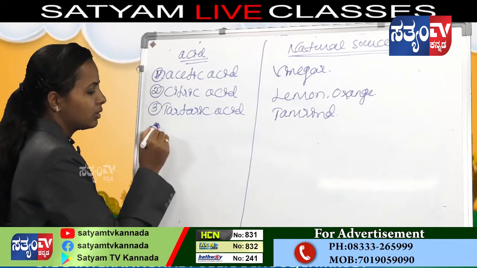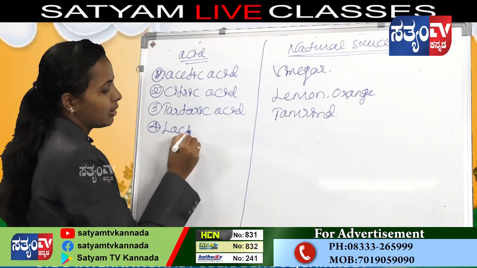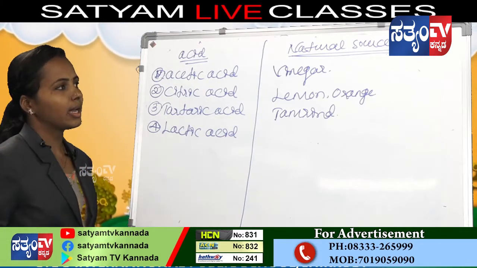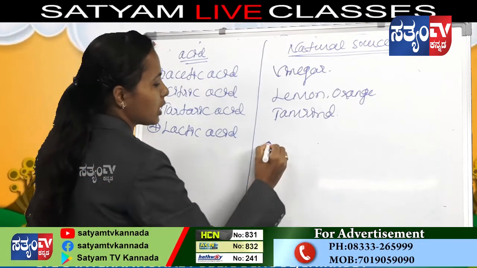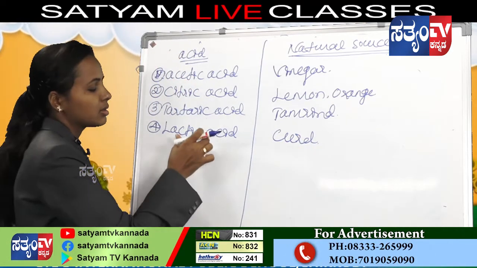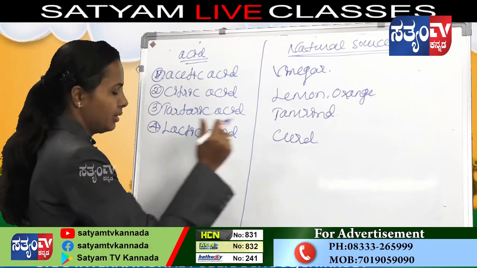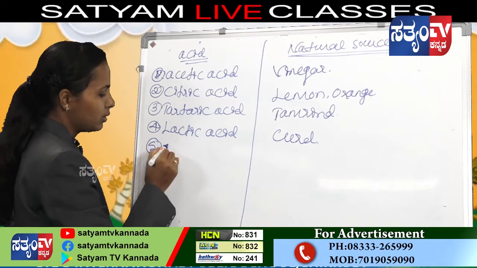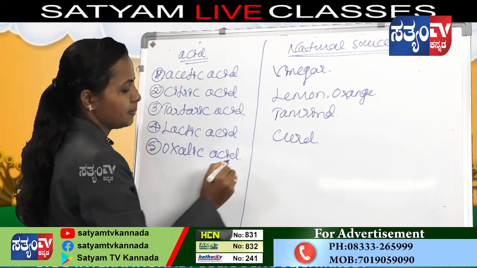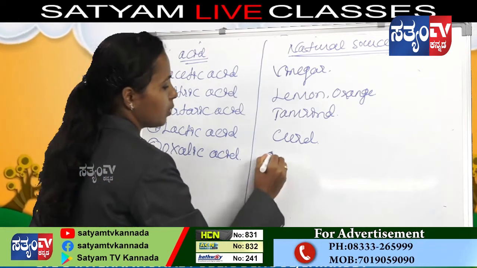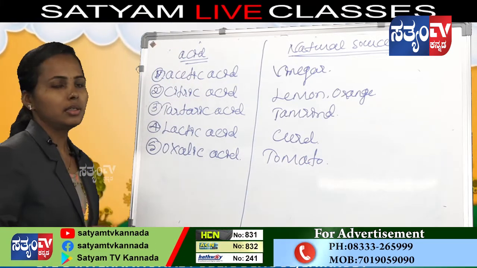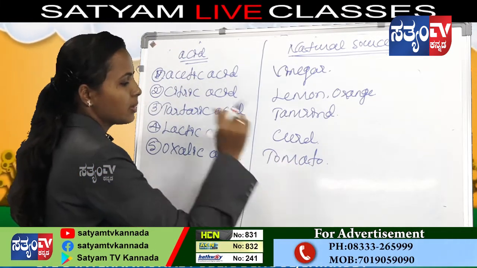And the fourth one, lactic acid, and its natural source is curd. We get this lactic acid from curd. And the fifth one, oxalic acid. The natural source of oxalic acid is tomato.